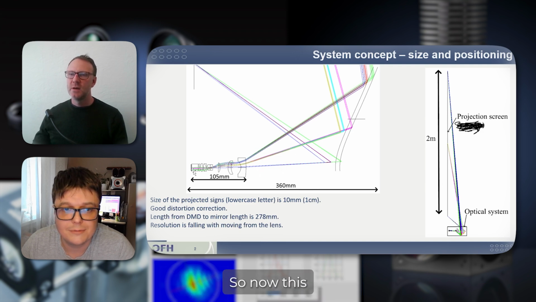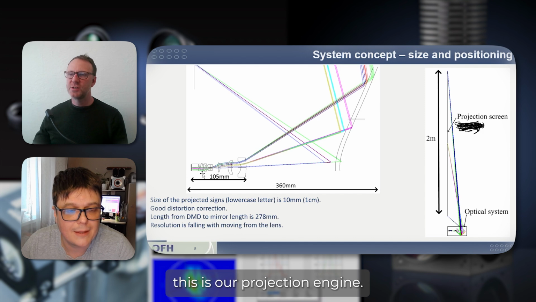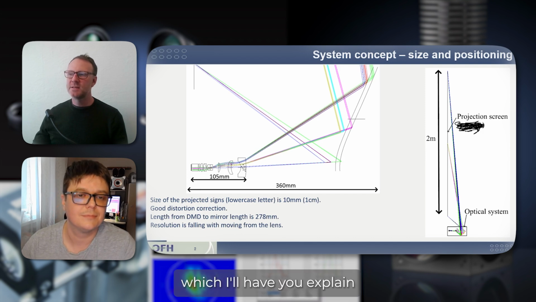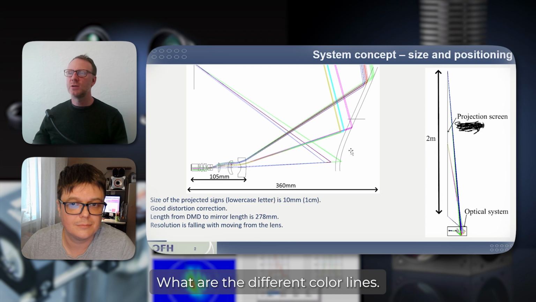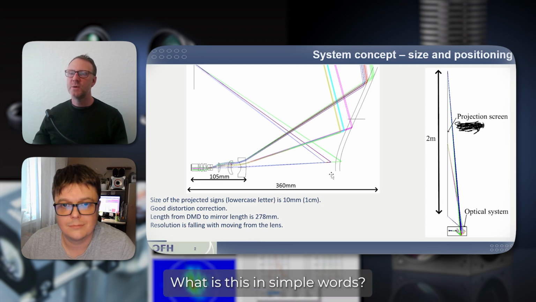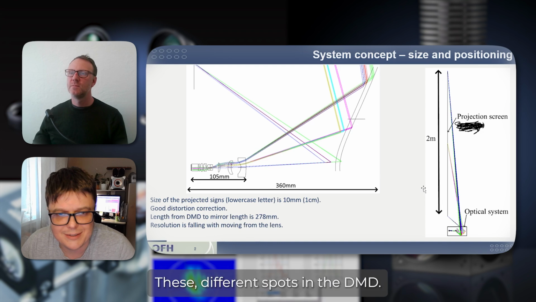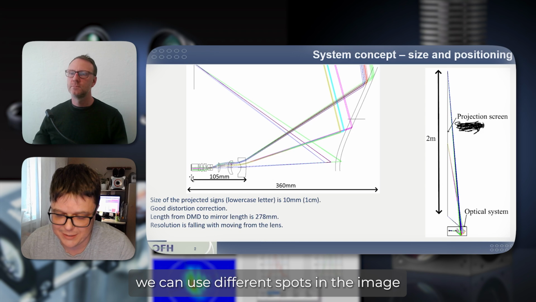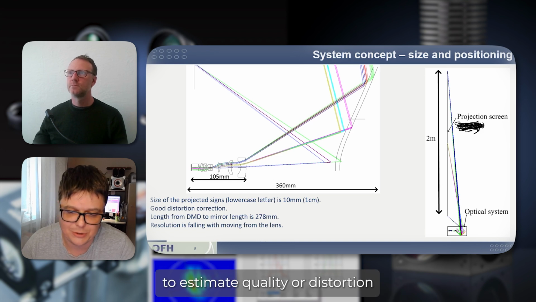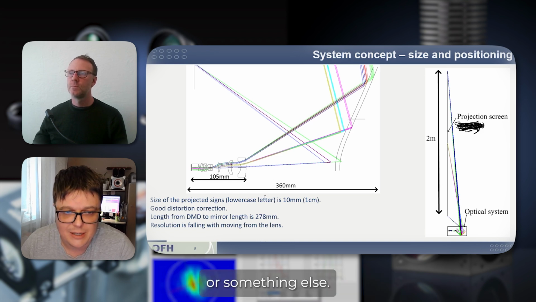So now this is our projection engine. This is some lenses, which I'll have you explain. Just before we get into that, what are the different color lines? Is this different colors of wavelength or different parts of the image? What is this? In simple words, these are different spots in the DMD. We can use different spots in the image to estimate quality or distortion or something else.